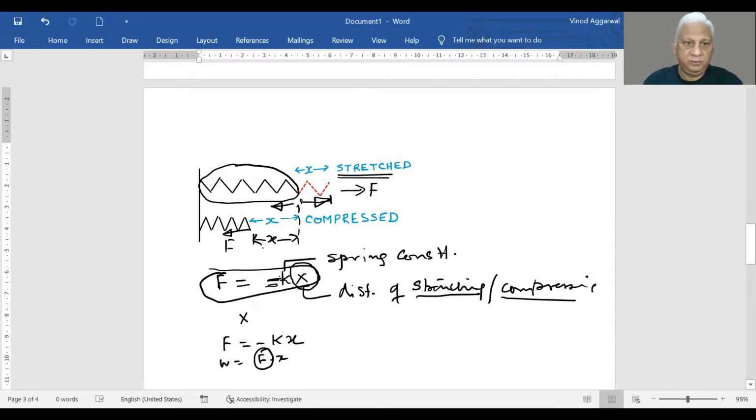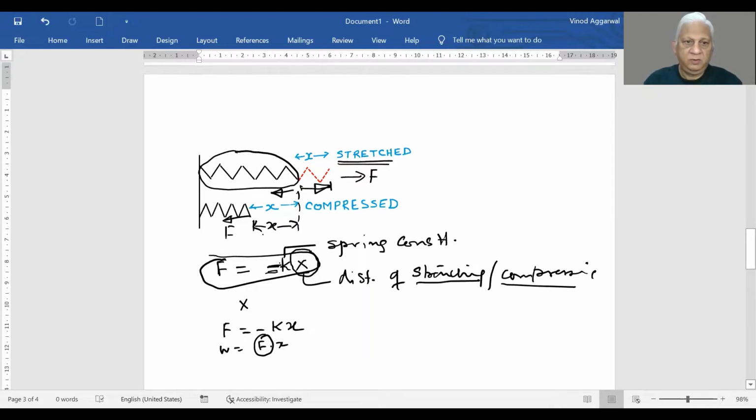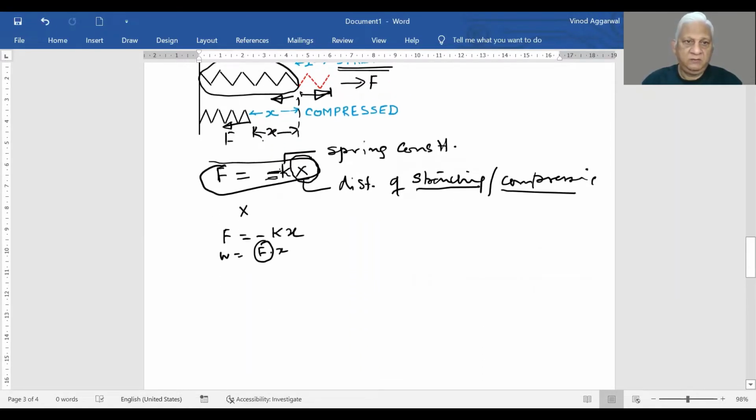So what do we do? We define a small work done dW, which is equal to F dx, and here F is minus kx.